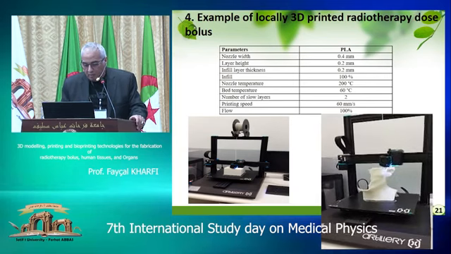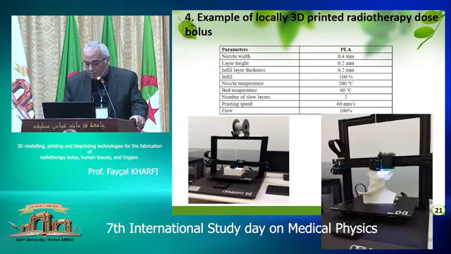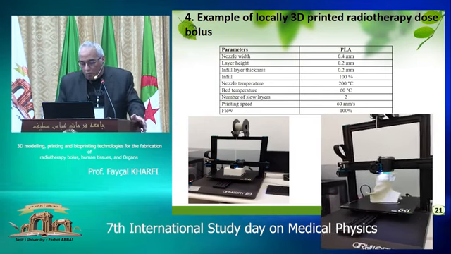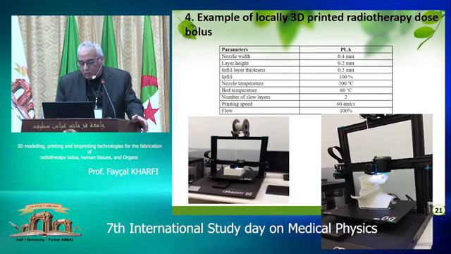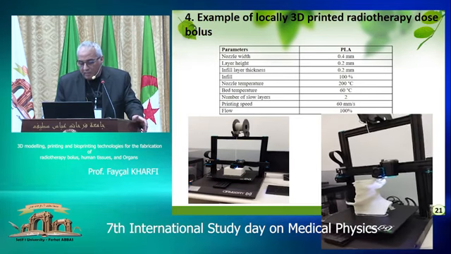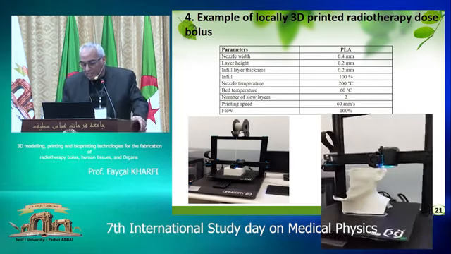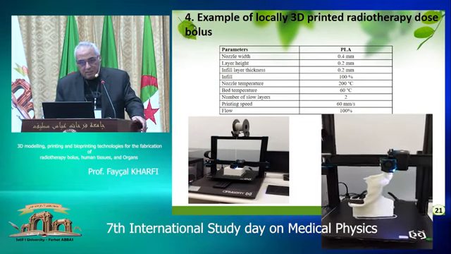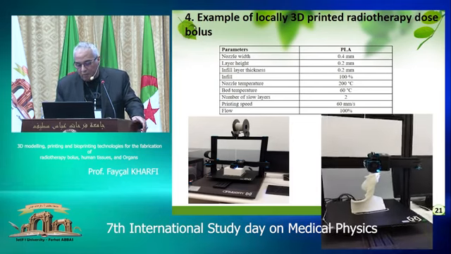Here, our phantom. And on the right, this is not the nose bolus, but one kind of bolus that we are studying. This is the 3D printing of the bolus.